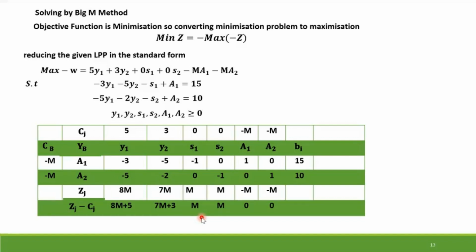Can we proceed further? M minus 5, okay, or 8M plus 5. Can we proceed further?